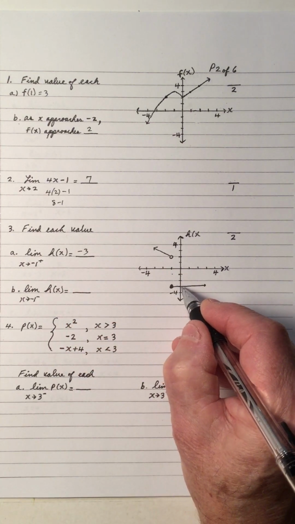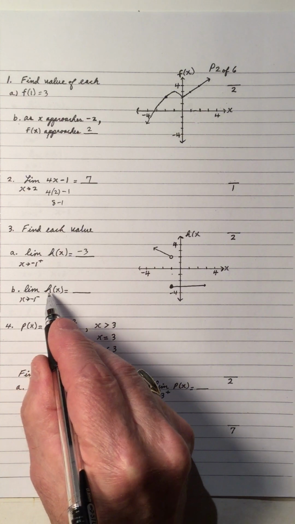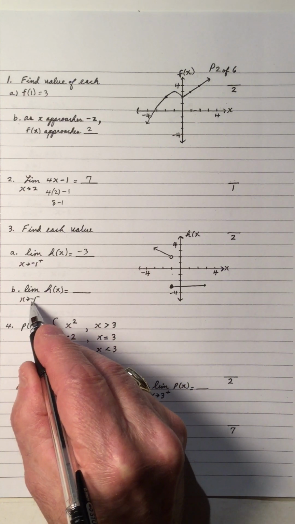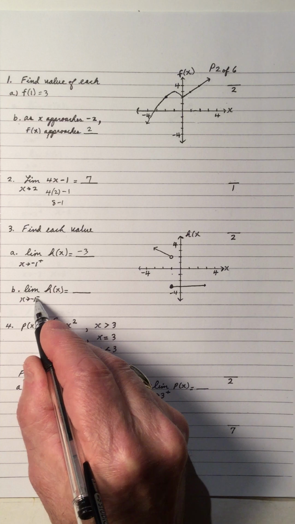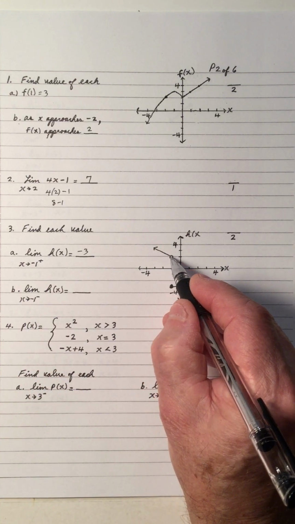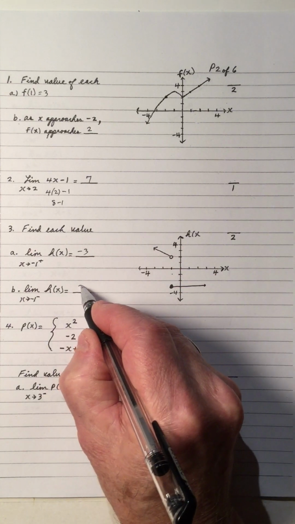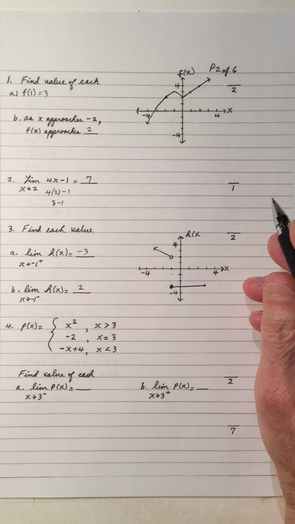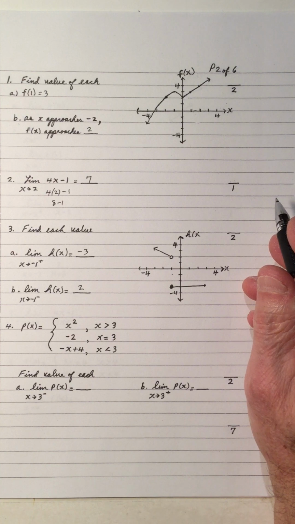That's negative 3. And as we approach negative 1 on the left side, that means we're coming down here, so the y value is 2. So if you get each of these right, give yourself 2 marks.